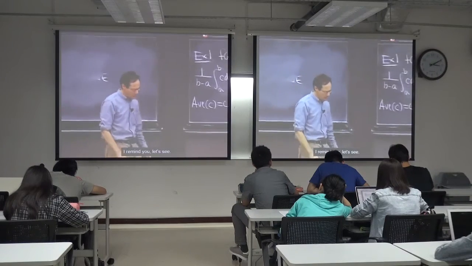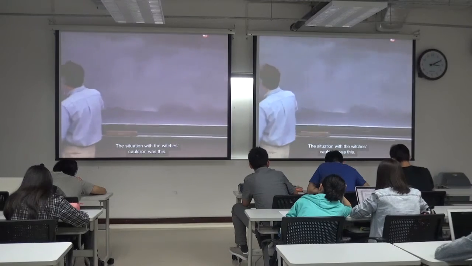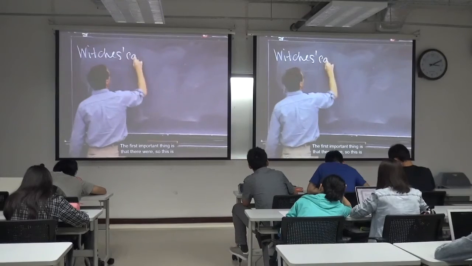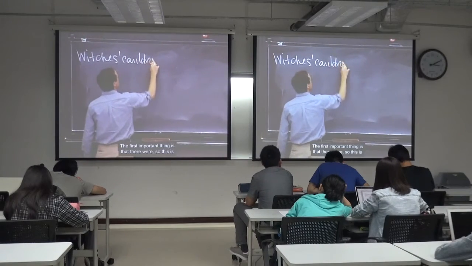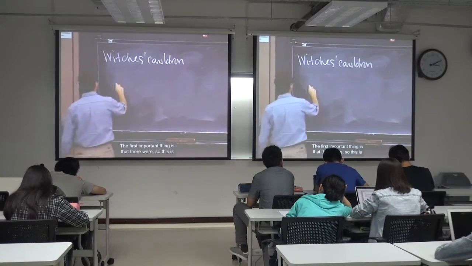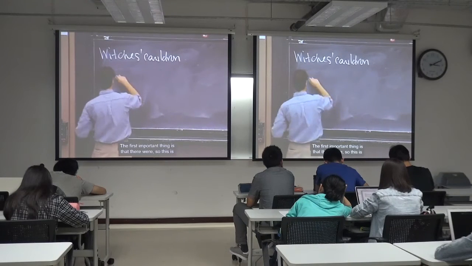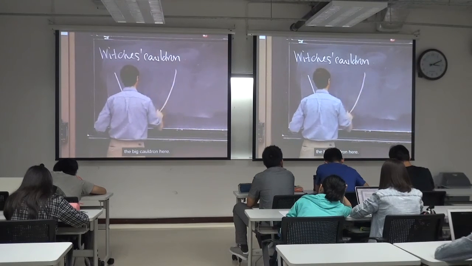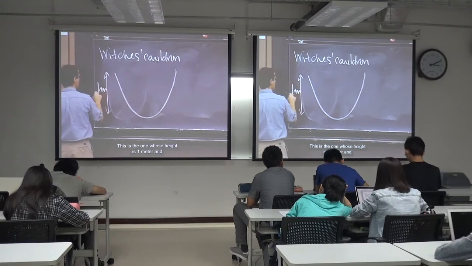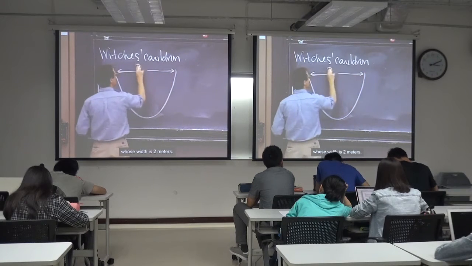I remind you, the situation with the witch's cauldron was this. This is the big cauldron here, the one whose height is 1 meter and whose width is 2 meters.